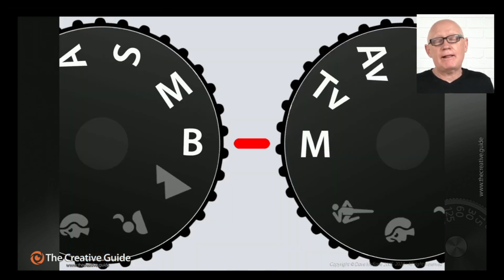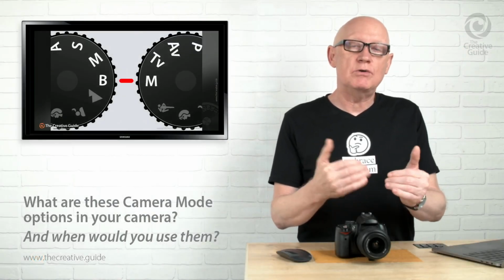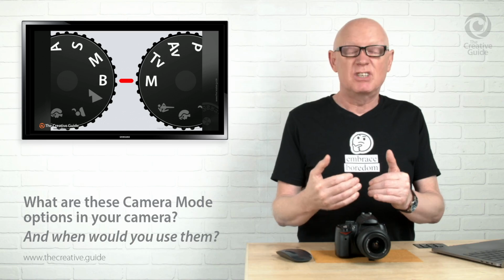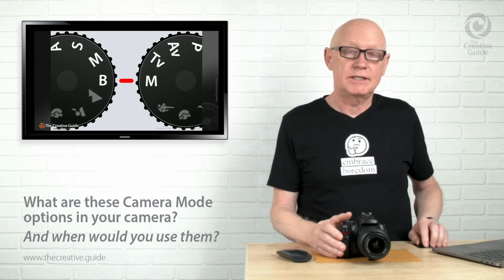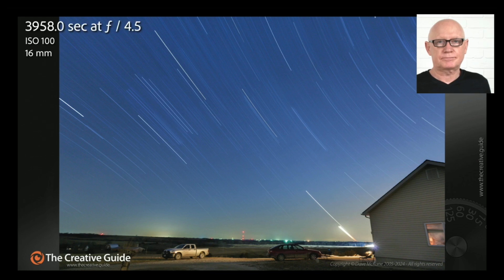Now B and M, the reason why I have them both here is that some cameras, particularly entry-level cameras, will only give you a bulb mode in manual mode, but some mid to high-end cameras will generally have a B just for that. So what is it we're looking at doing with that mode? So where we want those longer shutter speeds, now this is extraordinarily long.